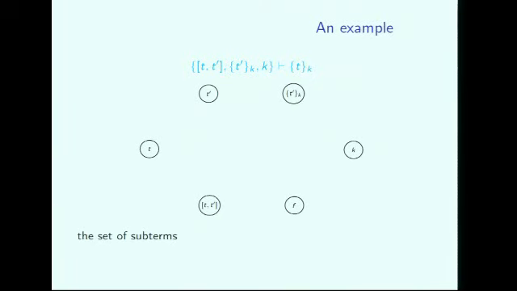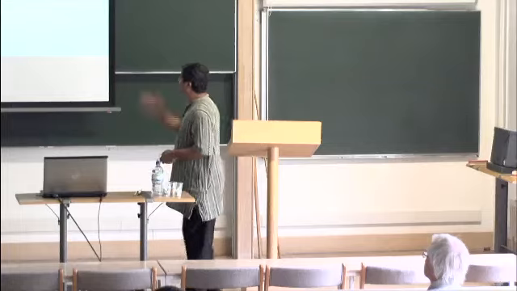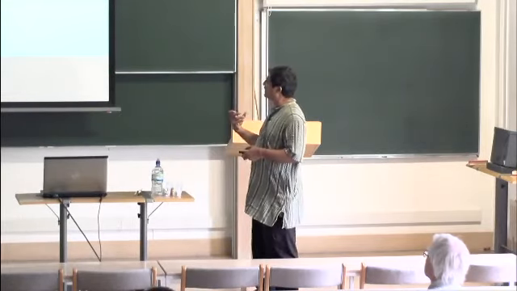You start with, in this particular example, whatever is the set of terms and the goal term that you start with, look at all the subterms and these are the states of your automaton, and you add transitions by looking at rules that tell you what you can do. For instance, in this case, t is in fact a subterm of the pair with t and t prime together.